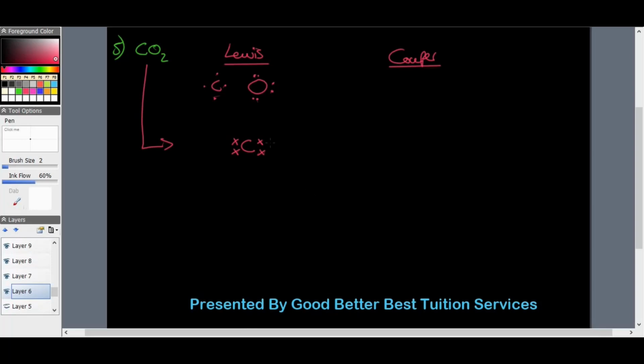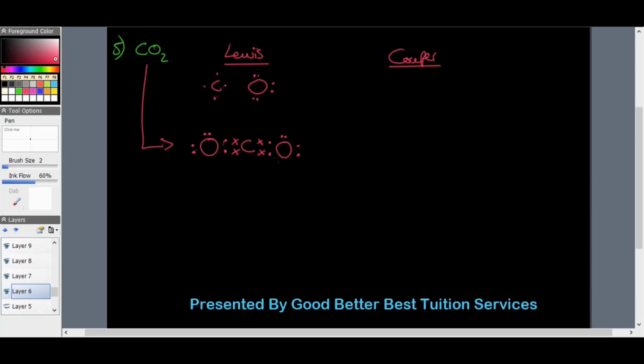So there you go, and we draw in our oxygen symbols there, and we have to include the lone pairs for oxygen. Otherwise, we will get either the entire thing wrong or lose valuable marks.